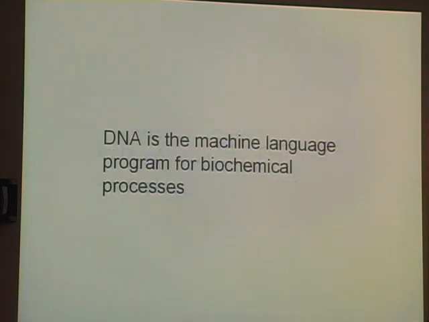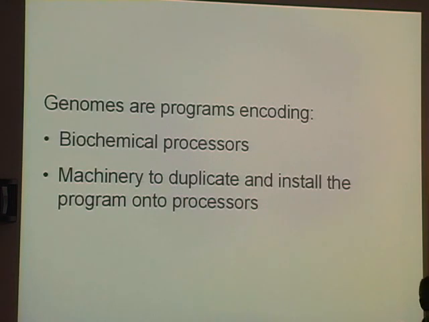I've always looked at DNA as essentially machine language for biochemical processes going on in cellular systems. Genomes are very special programs that actually have enough information to encode the processor as well as the machinery to duplicate the program and make sure it gets installed on the new processors that are made.